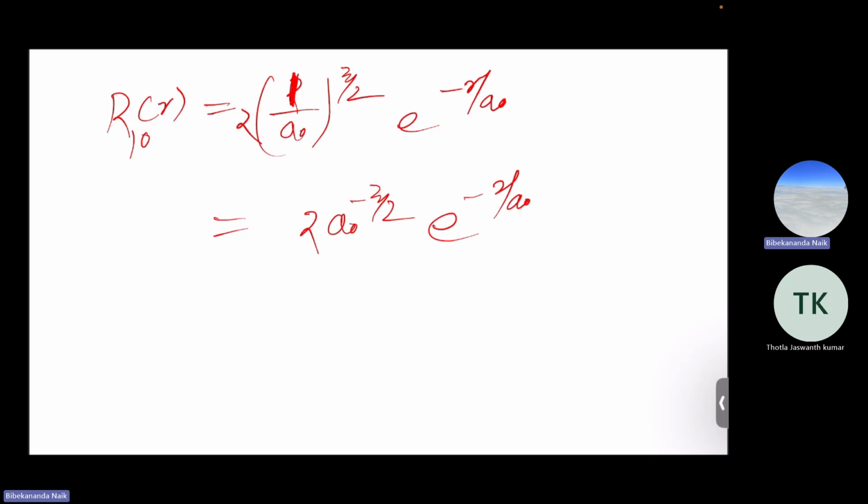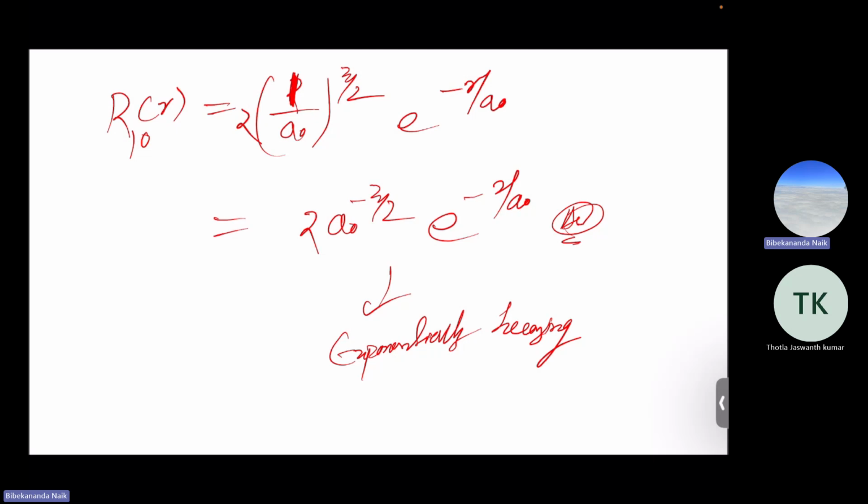Now you should keep in mind that the form of psi 100 was different from this. If we see the wave function, it has minus r by a0, so it decays exponentially, and the figure that shows this exponentially decaying nature is this expression.